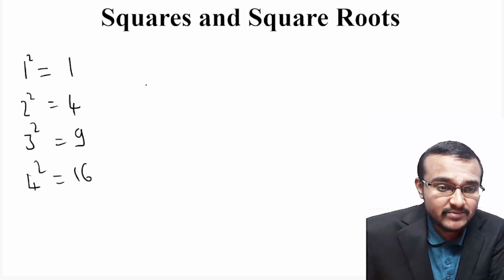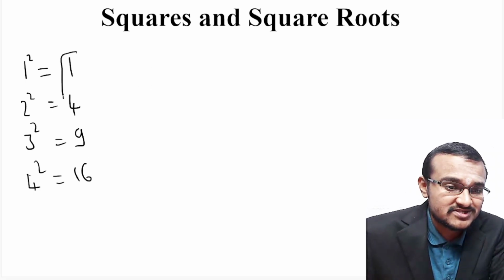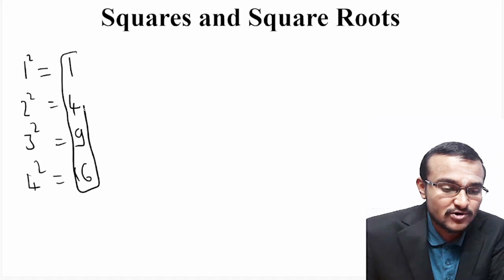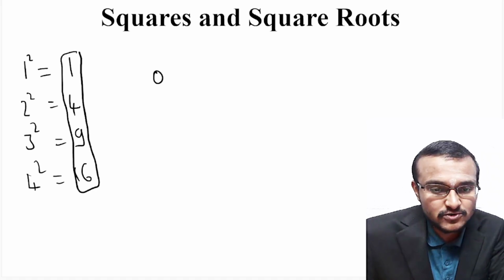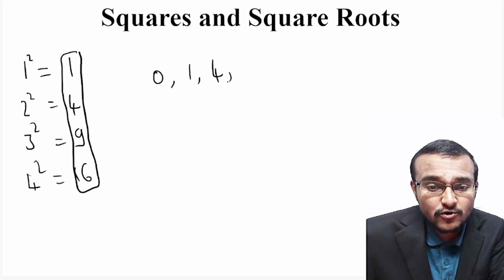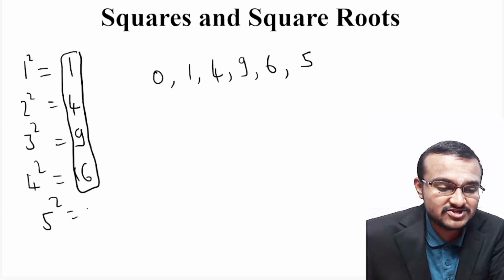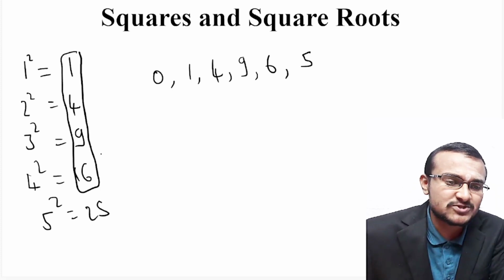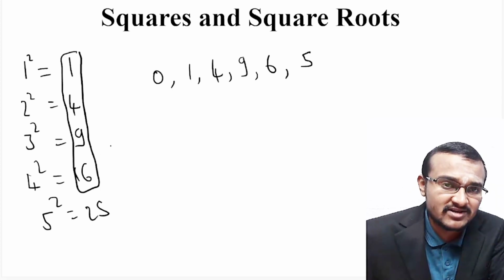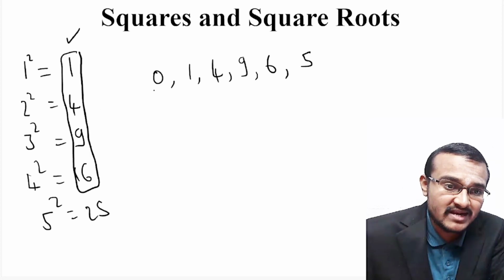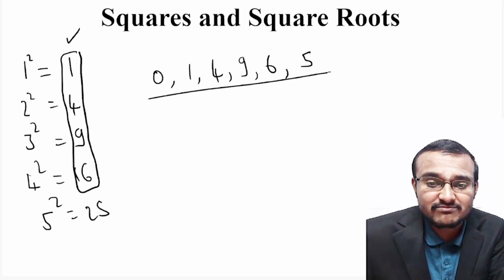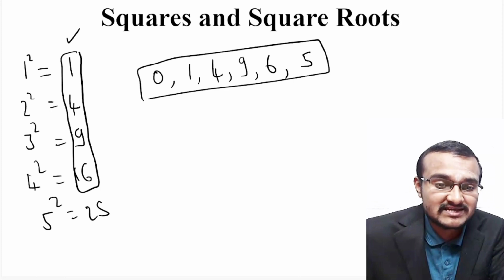Any number you see here ends with either 0, 1, 4, 9, 6 or 5. Because when you do 5 square, you get 25. So if you take the square of any number, the square number will have one of these digits in its units place.